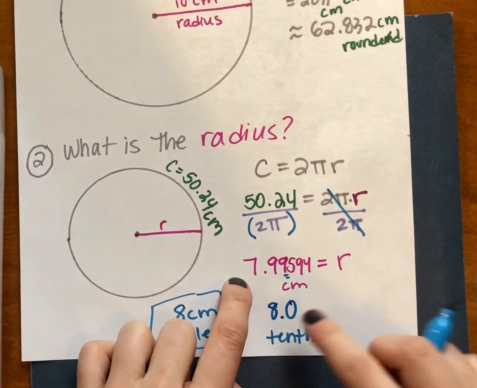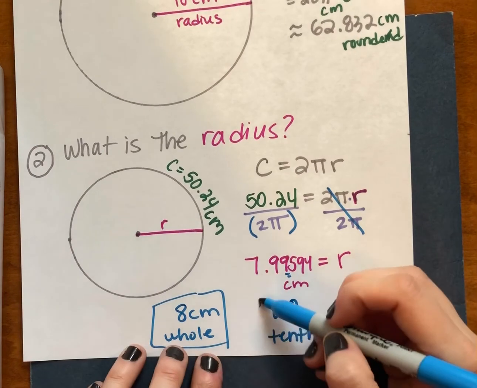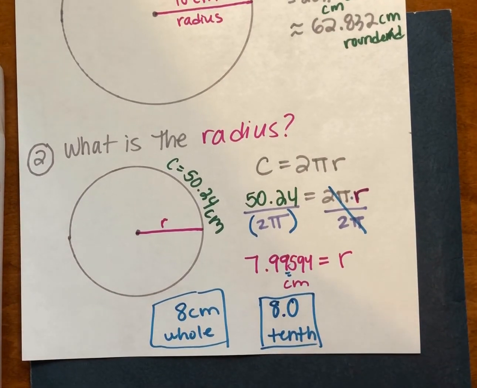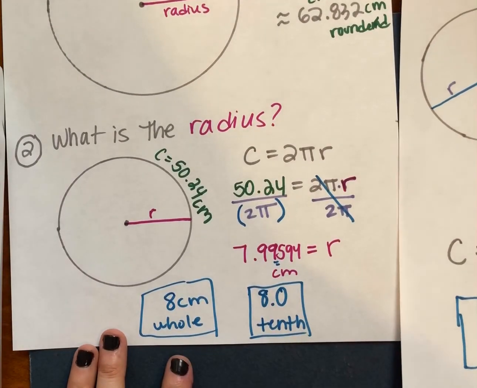But I'd have to write a 0 in to show that I rounded to the nearest 10th. So just be careful when you're entering your answers into Khan Academy that you think about how it needs to round up. But that is how we would use this circumference formula to figure out the radius of a circle.